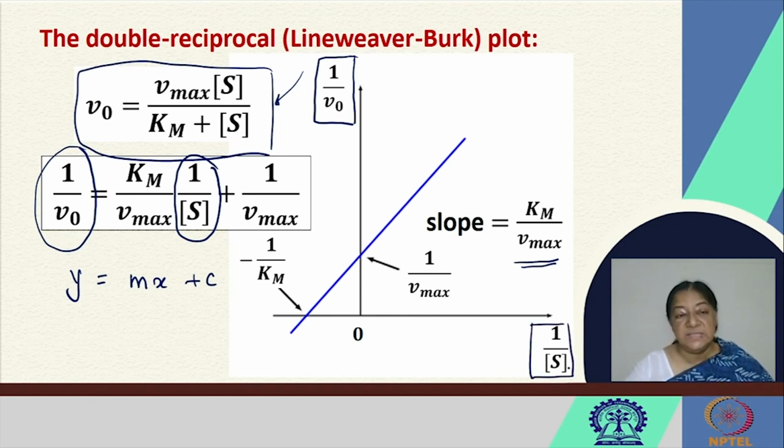This linearization gives us a value for 1 by Vmax and the negative intercept on the x-axis as minus 1 by Km, and the intercept on the y-axis giving us 1 by Vmax.